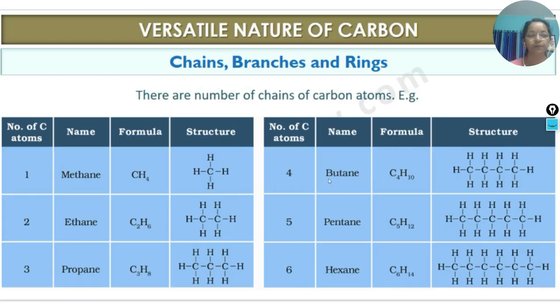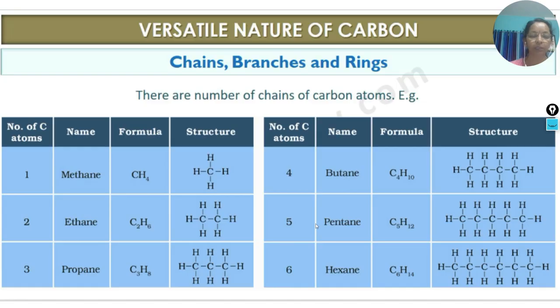They are called the alkane family. If it is one carbon, it is methane, two carbon ethane. Prop stands for three carbon. Ending in ane means it is a single bond only. So butane, pentane, hexane.